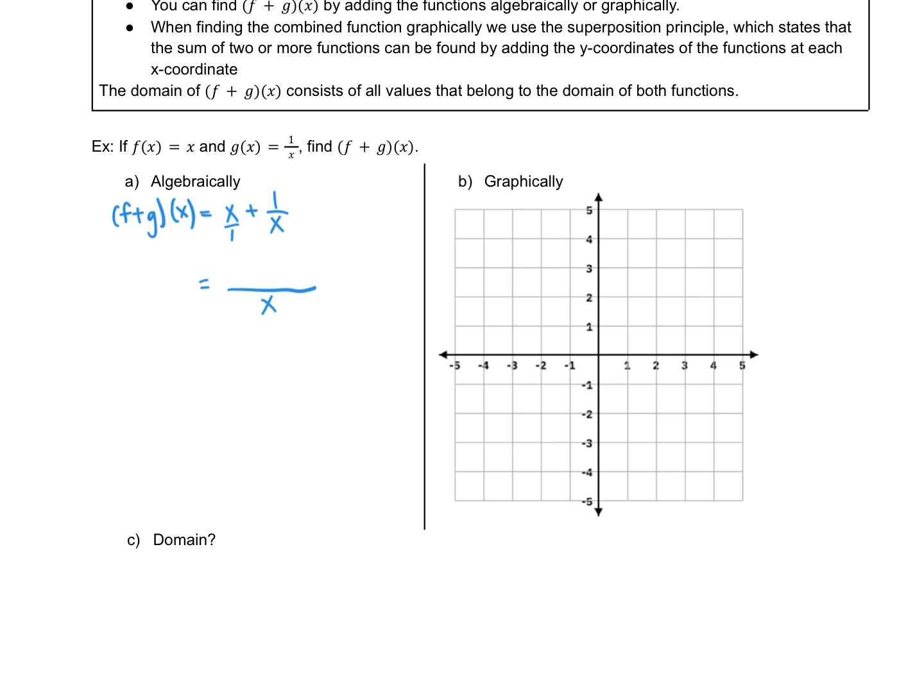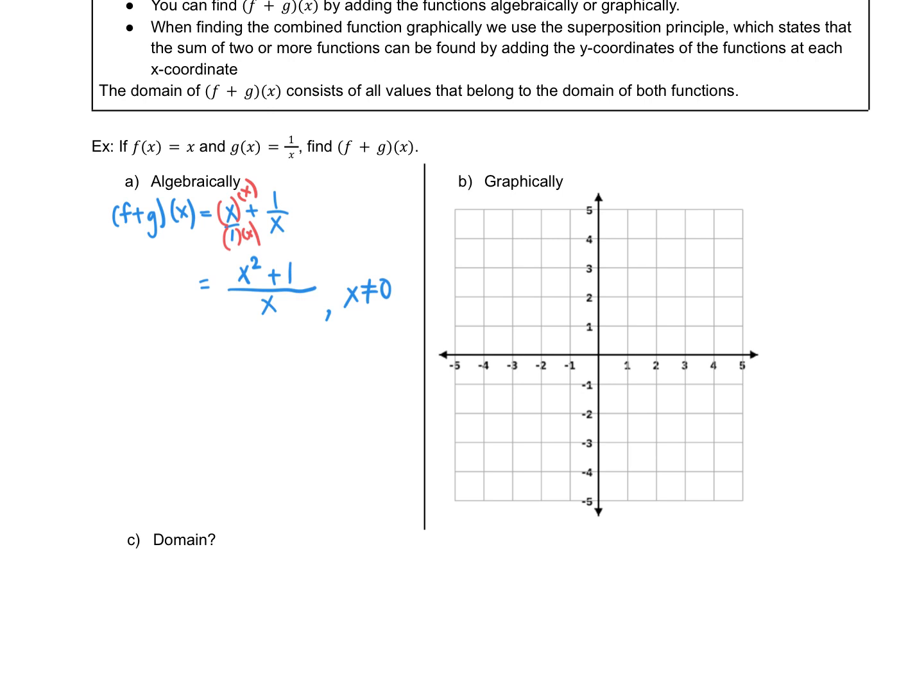If I want both fractions to be over x, I'll multiply that first function, top and bottom, by x. And then we'll have x squared plus 1 in the numerator all over x. And from here, of course, we would like to add a restriction. And I can graph this function using this equation because we have rational function knowledge.